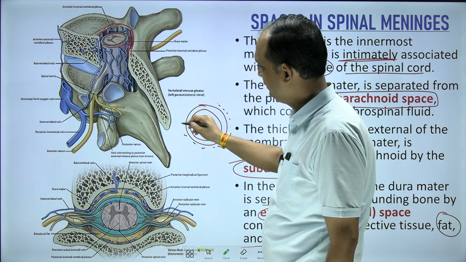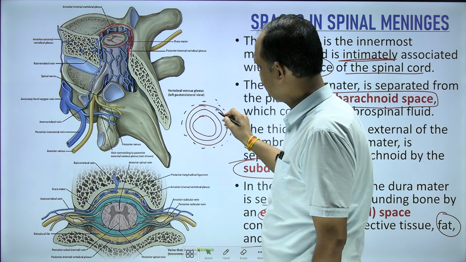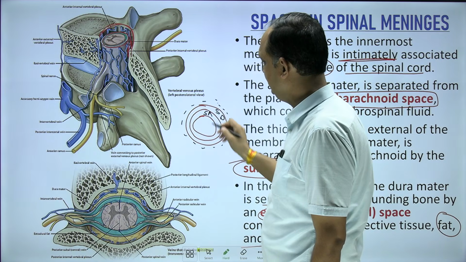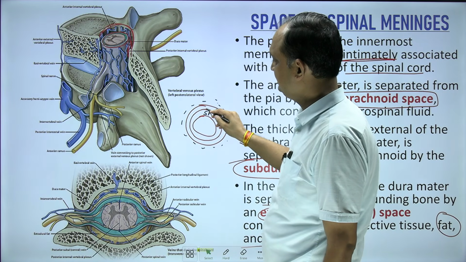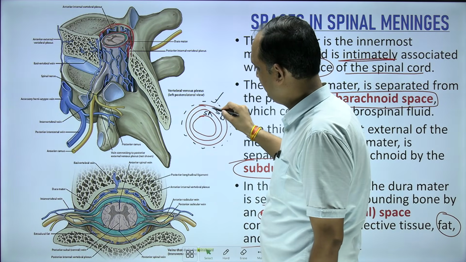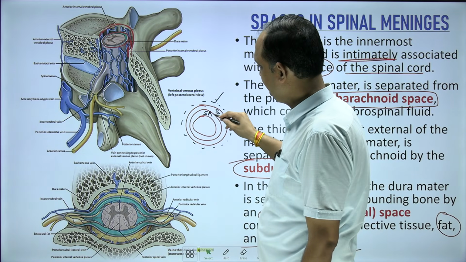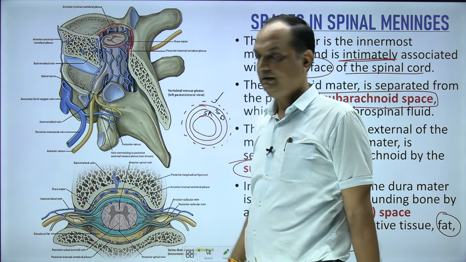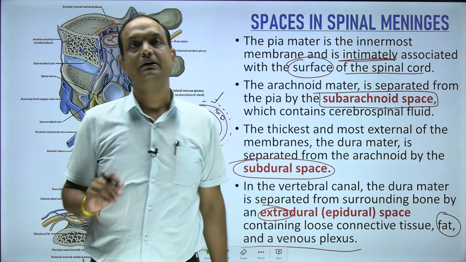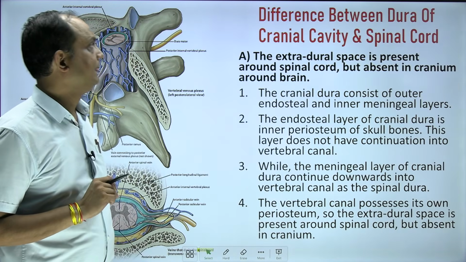This is the subdural space. This is the subarachnoid space. Clear? So there are three spaces: the space outside the dura, the space between the dura and arachnoid, and the space between the arachnoid and pia mater. These are the spaces present around the spinal meninges.